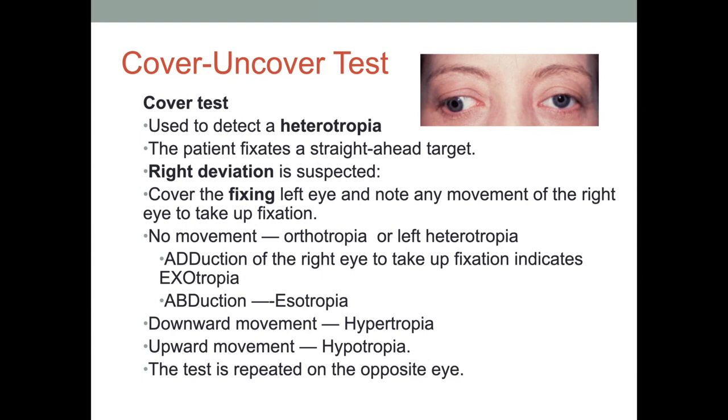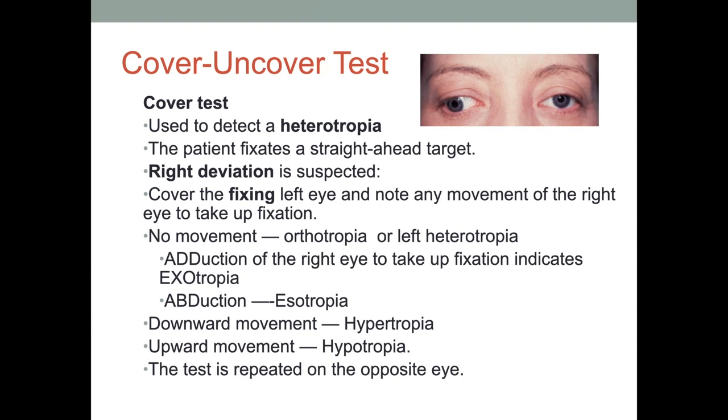So you're going to cover the fixating left eye and note any movement of the right eye to take up fixation. If there's no movement, then the person is perfectly aligned, which we call orthotropia, or there's a left heterotropia.